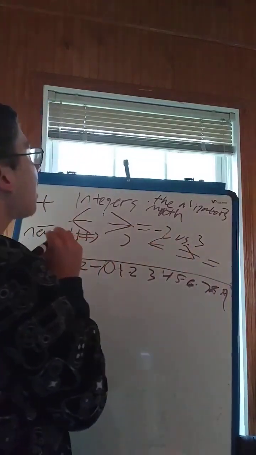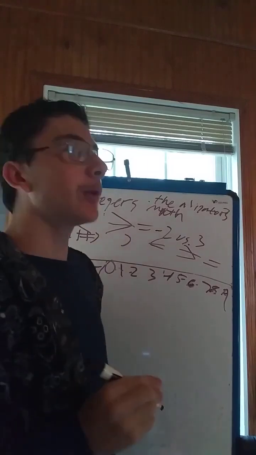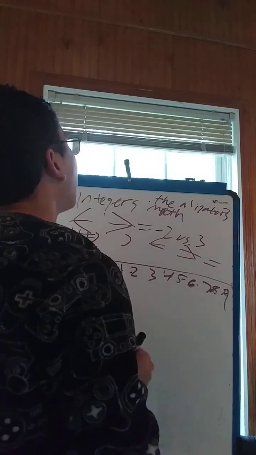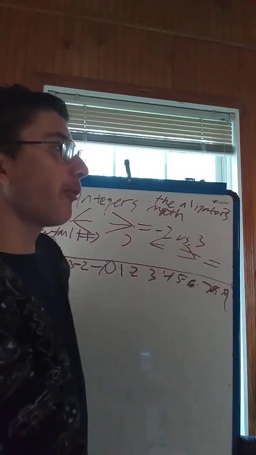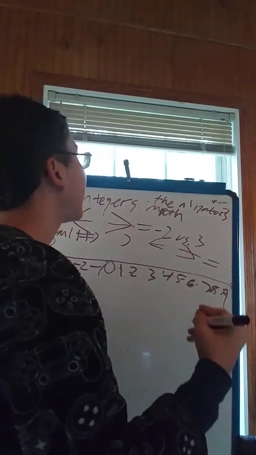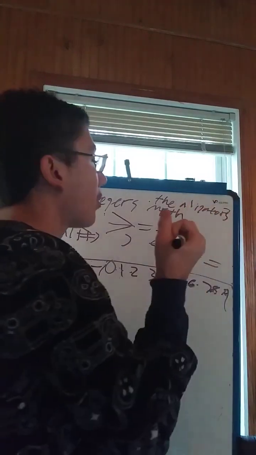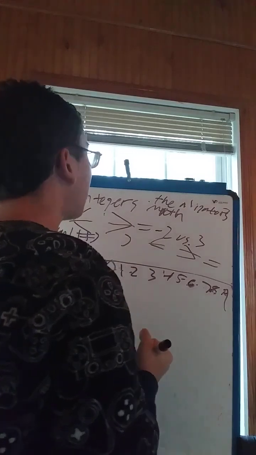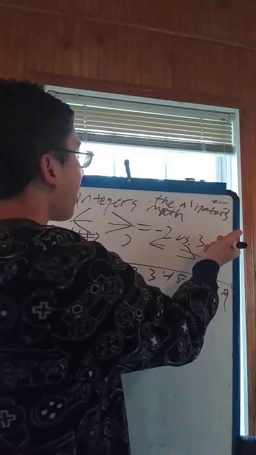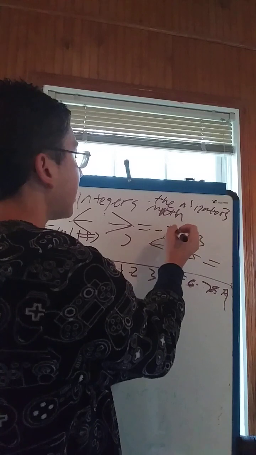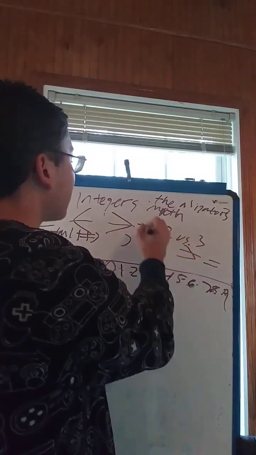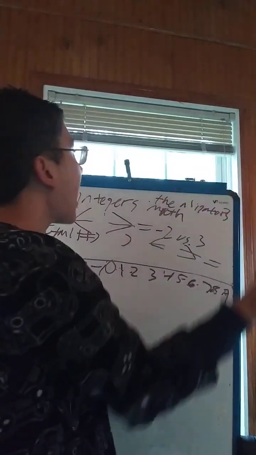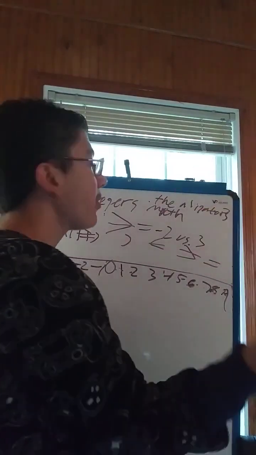Well, the alligator is a hungry creature. And because it's so hungry, it wants more food than less. It wants to get the number with more meat, the number with greater value. It can't go over here or over there. It has to go either here or here, not there or there. So whatever the greater number is, whatever side it's on depends upon the mouth that you're going to use.